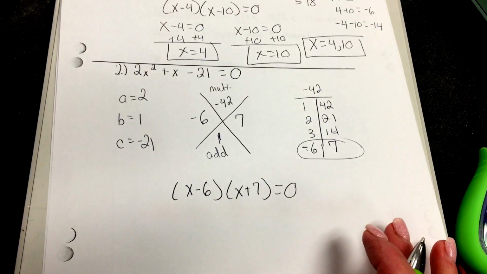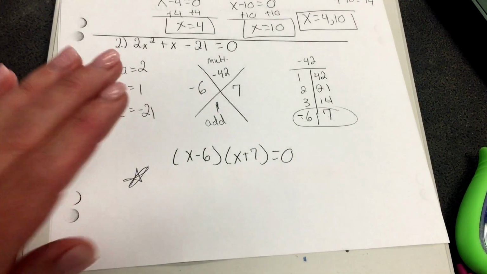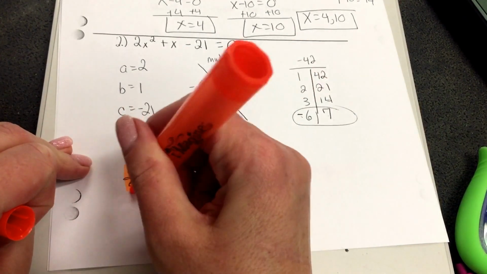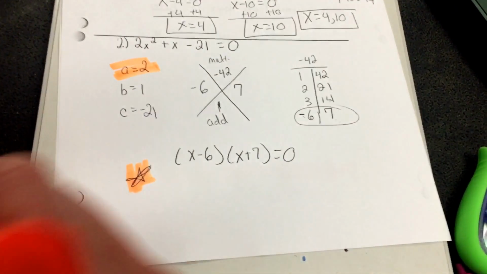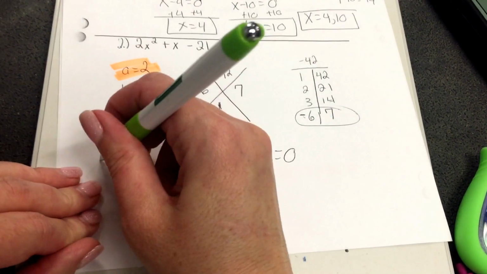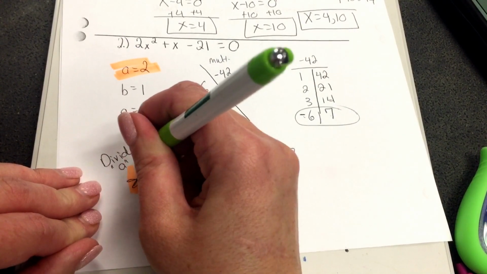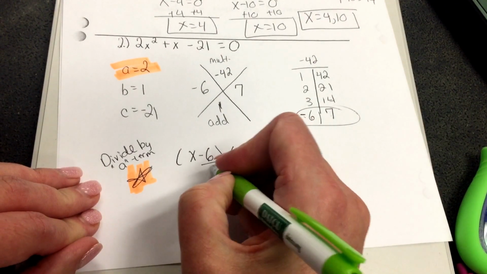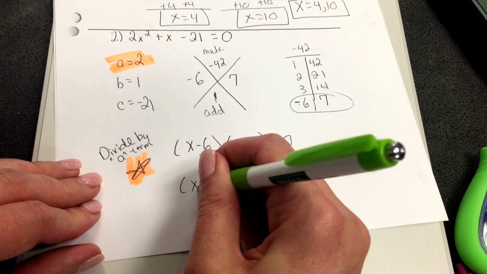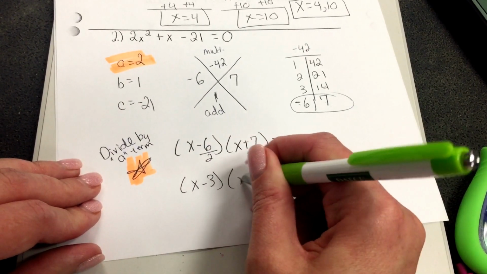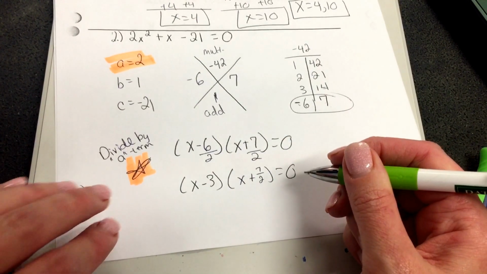Now, at this point, this is where we have to remember since A is not a 1, we have to divide by A term. Okay, so we're going to divide by 2, divide by 2. We're just dividing those numbers. So now I have x minus 3 equals x plus 7 over 2 equals 0.